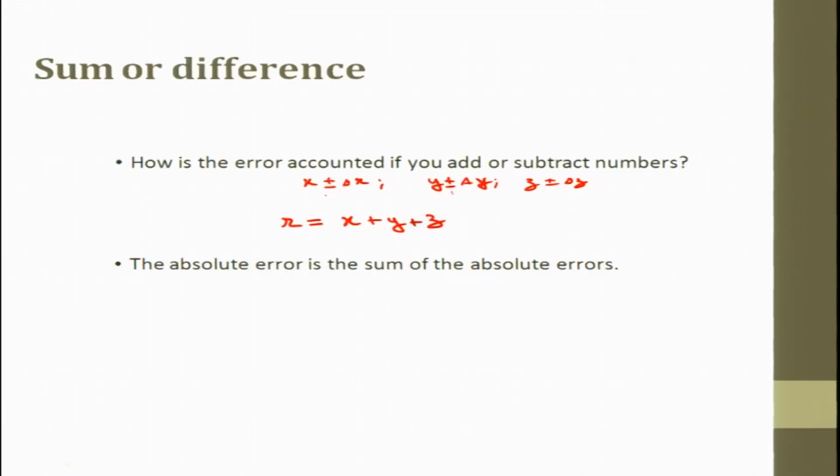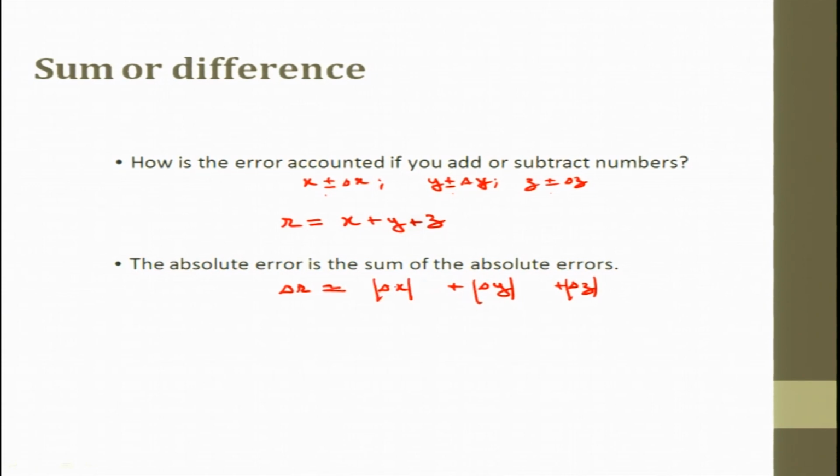This is the property that we need to see, what could be the maximum error. There is a plus minus sign with delta x, delta y and delta z. So to see the maximum value, the upper bound, the errors are always added, and moreover the absolute values are added. So I can say delta r, the overall error here, is equivalent to modulus of delta x plus delta y plus delta z.